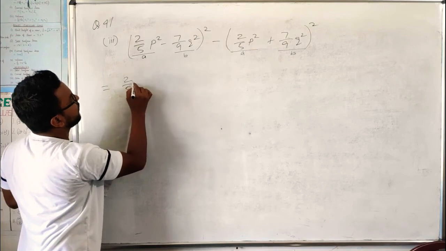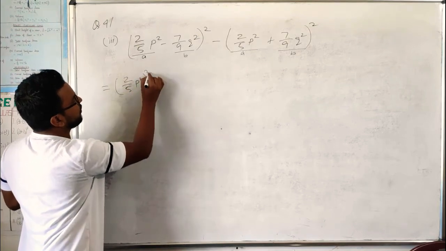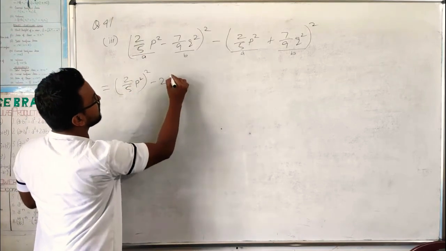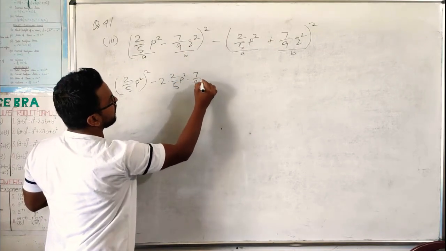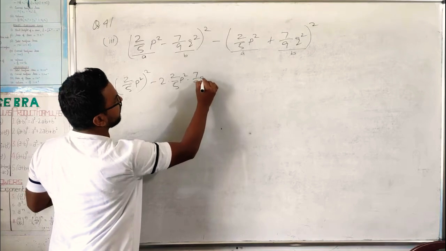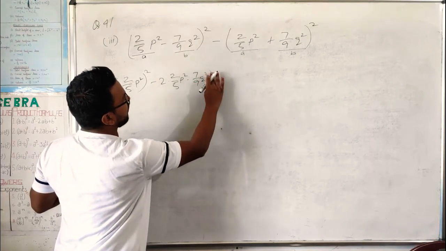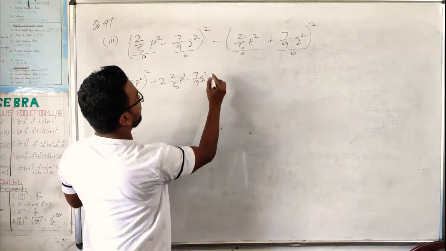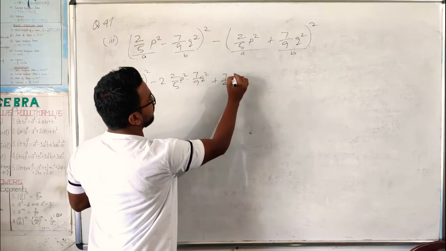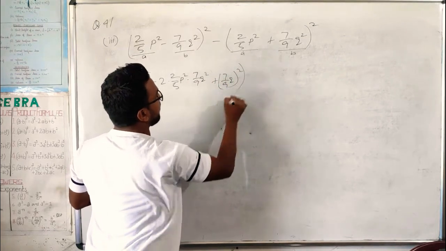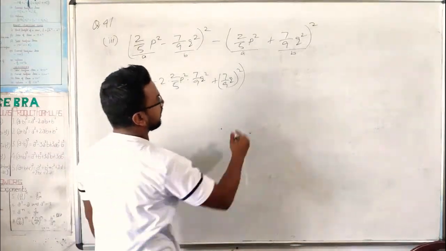A is 2 by 5 p square whole square minus twice ab. A is 2 by 5 p square and b is 7 by 9 q square. Okay, and plus b square, b is 7 by 9 q whole square. Okay, this will be subtracted from the second part.